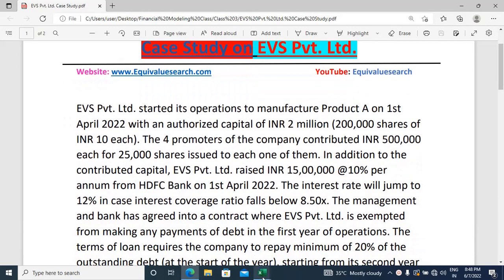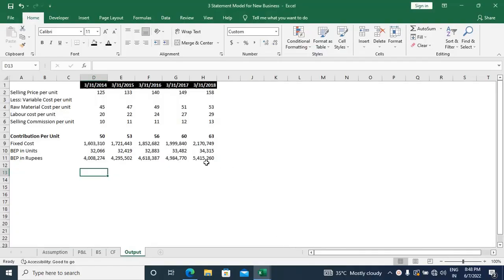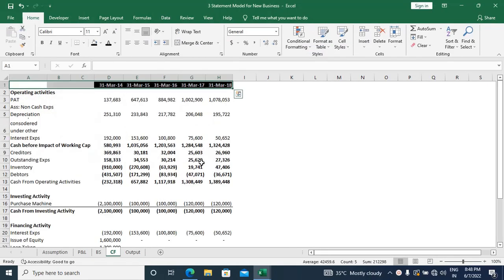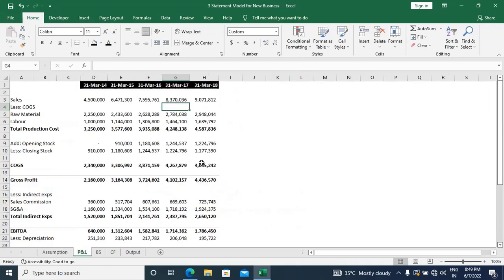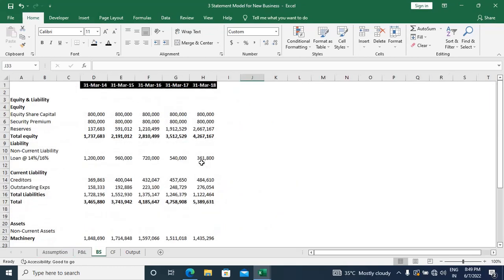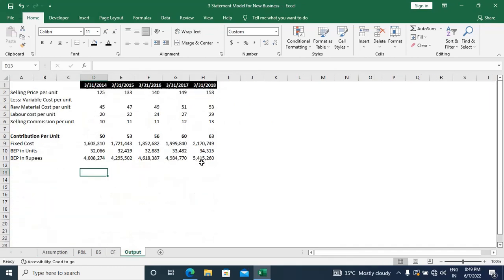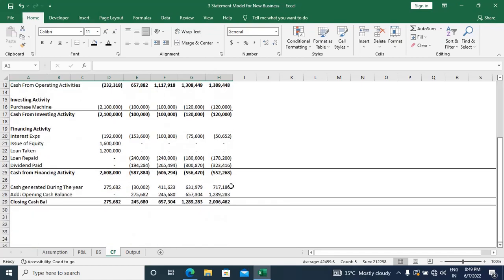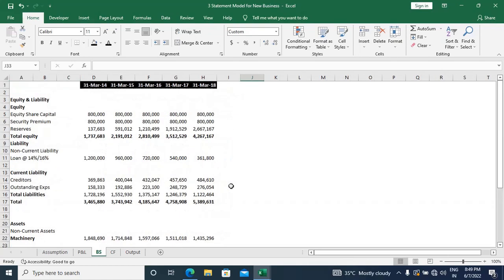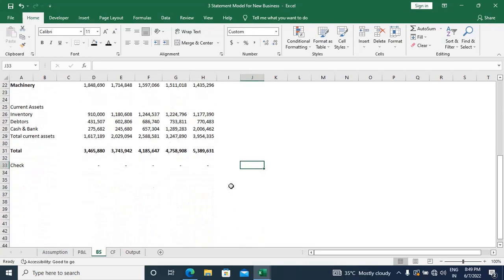So let me just show you how it may look. It may look like this. There will be one assumption sheet, one profit and loss statement, one balance sheet, one cash flow statement, and then one final output sheet we will make. Here, if you look at the cash flow, this is the cash flow we have made. This is the balance sheet we have made.